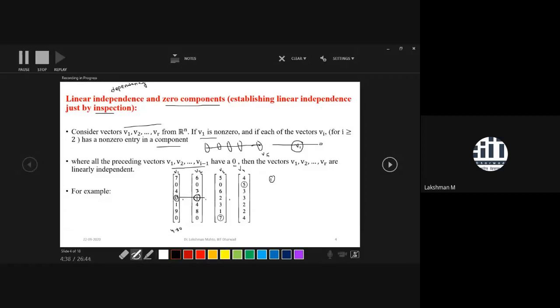So we can claim that v1 and v2 are linearly independent. That means v1 cannot be written as a scalar multiple of v2, or better, in proper order, v2 cannot be written as a scalar multiple of v1. So here we conclude that v1 and v2 are linearly independent.